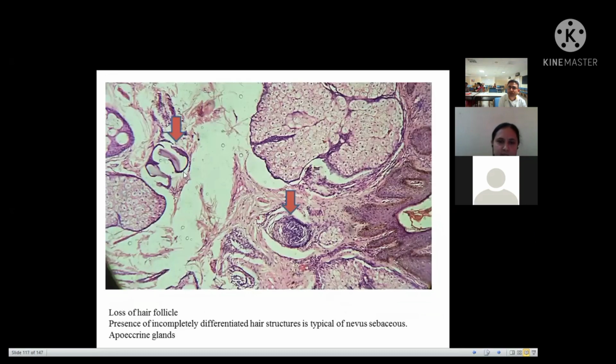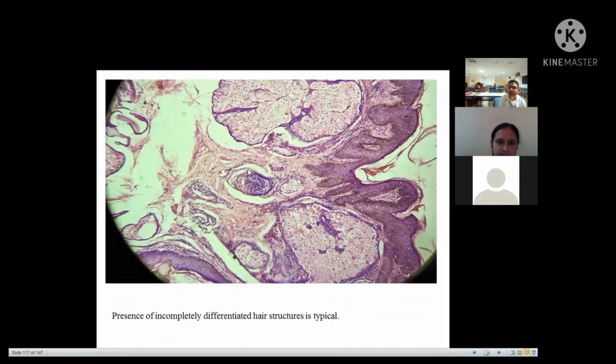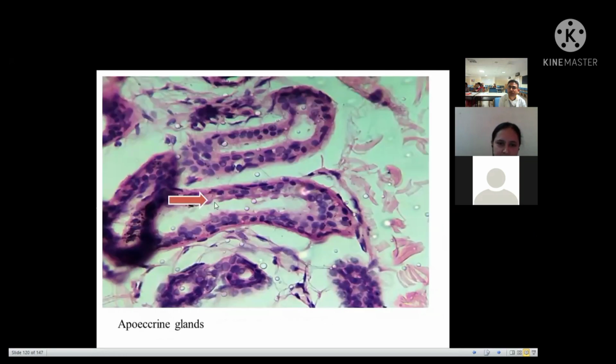If you closely observe at low power, they look like eccrine ducts, but some of these ducts show decapitation secretions within the lumen. So this is a scalp lesion, and we are finding apocrine-like glands in the scalp, which are actually not seen in the scalp.